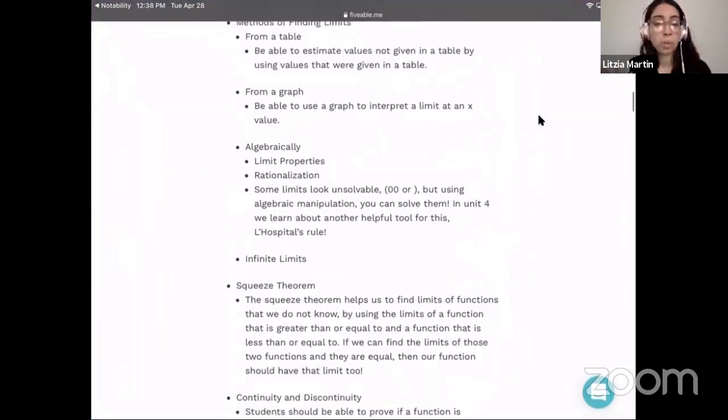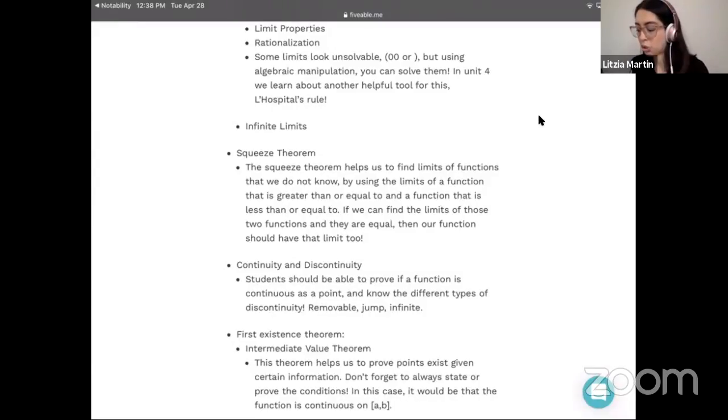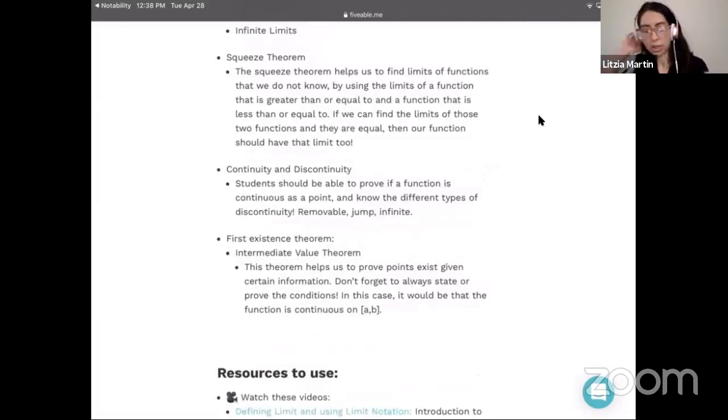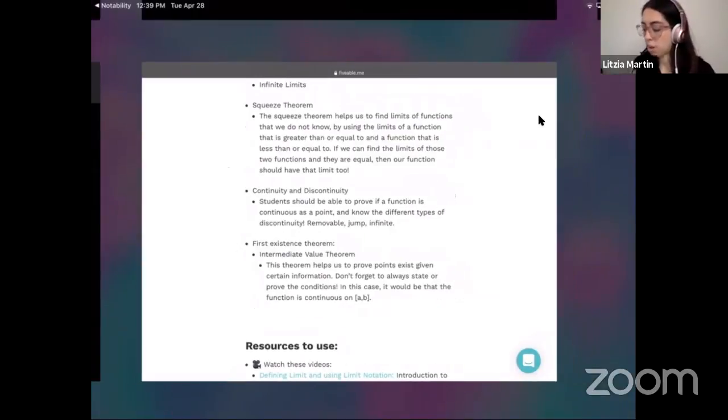Infinite limits, squeeze theorem, all of those are going to be fair game on the AP exam. So things that you should be familiar with. Intermediate value theorem. We're going to go through some examples touching on all of these different parts.